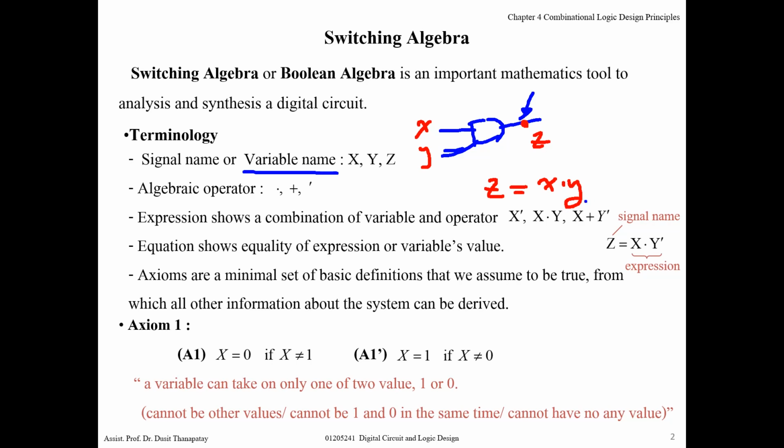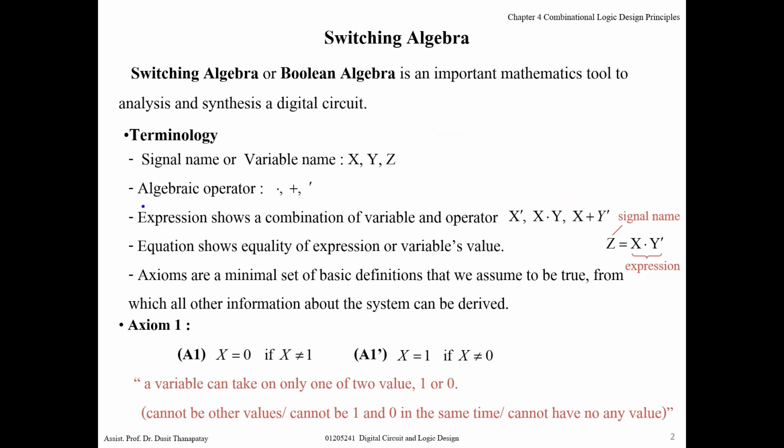In a mathematical expression, we say that x is a variable, y is a variable. But in the circuit, sometimes we say x is a signal, signal x and signal y. So please keep in mind that it is the same.